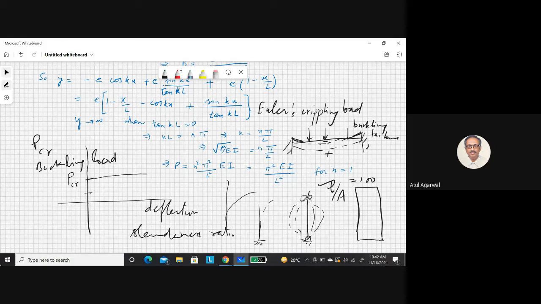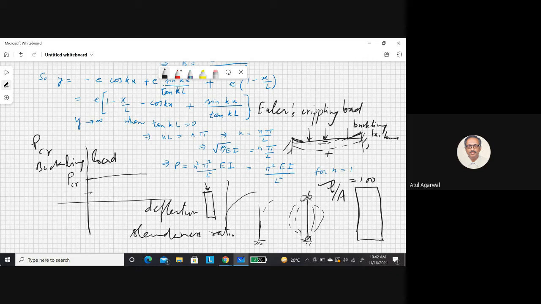Even screw jacks, you see where a very large load is applied. Though your column doesn't look very long, we have to check it against buckling failure, even in a screw jack. You have a screw and a large load is there. So you have to choose a cross section that doesn't fail in buckling.